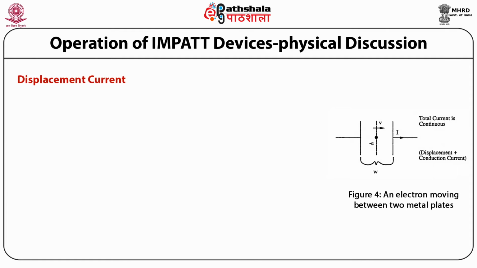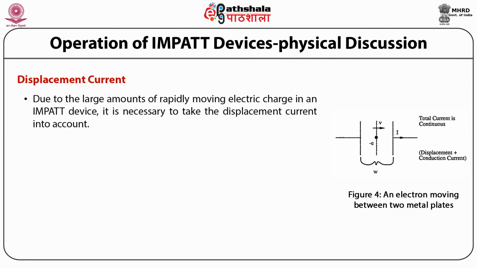Displacement current. Due to the large amounts of rapidly moving electric charge in an Impatt device, it is necessary to take the displacement current into account. So here the avalanche gives rise to the injected current which is localized to the avalanche region.